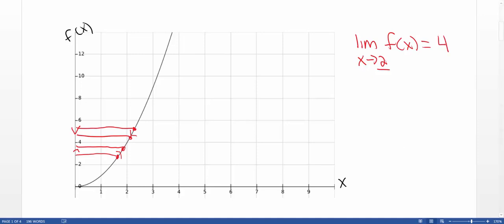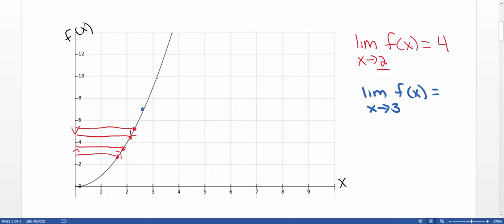Similarly, if we wanted to look at a different limit, we could pick a different x value to approach. So if we want to consider the limit as x approaches 3 of f of x, I'm now asking what y value am I going to be approaching as x gets closer to 3.